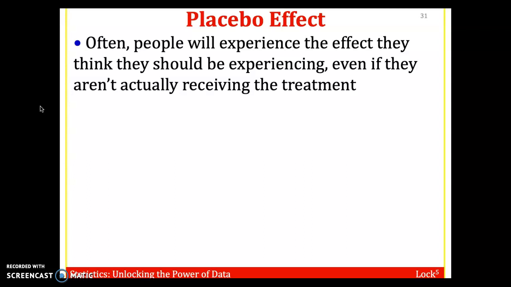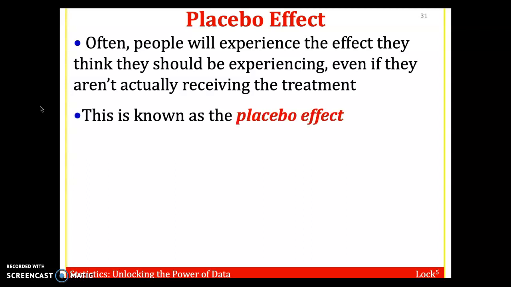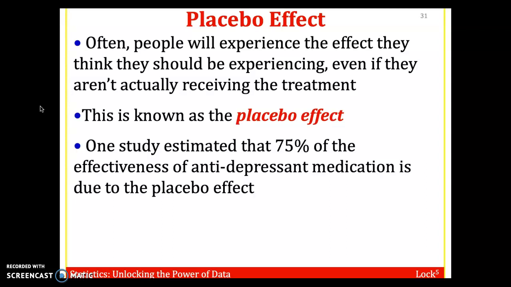One study done with pain, the classic example of this, is the placebo as a sugar pill. One group gets the pain treatment, and one group gets the sugar pill, and both groups said they feel better after a couple of hours, even the group that just got the sugar pill. This is known as the placebo effect. One study estimates that up to 75% of the effectiveness of antidepressant medication is due to the placebo effect.